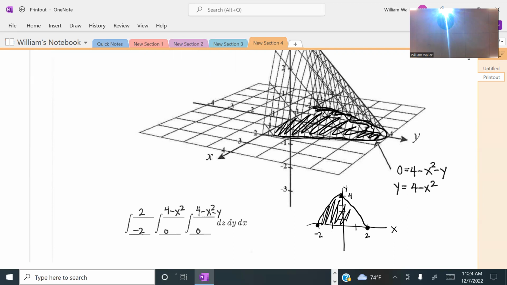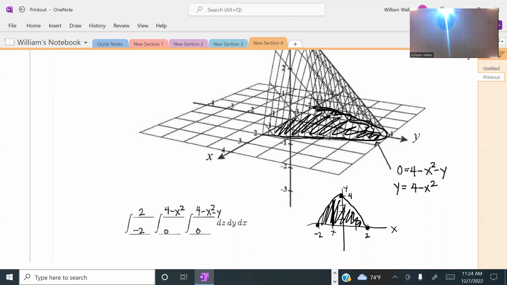There's our region of integration. And if we fix x, how is y varying? It's starting at 0 and going up to this curve, but this curve is 4 minus x squared. And then what about x? That's easy. x is going from -2 to 2, right?